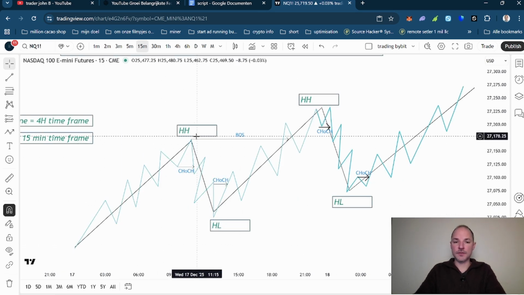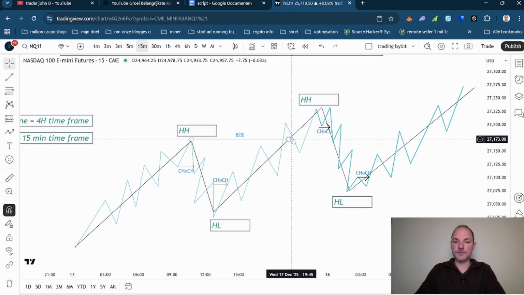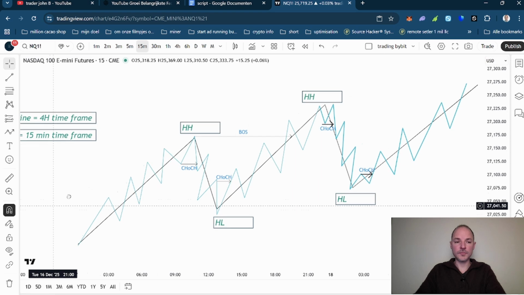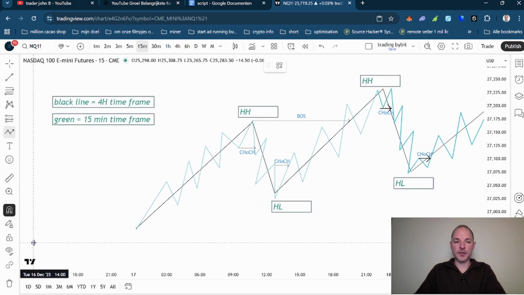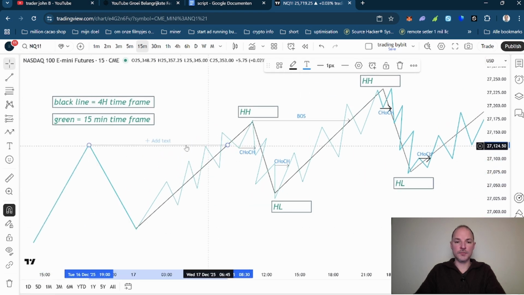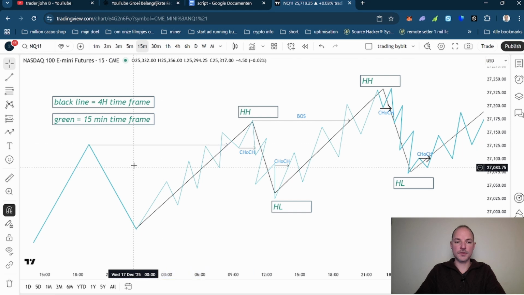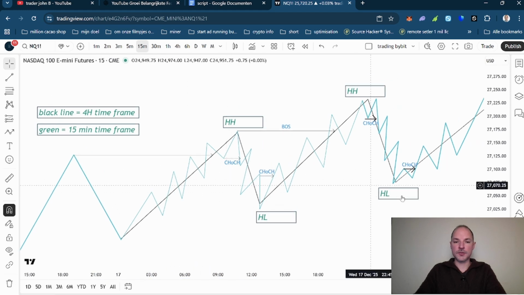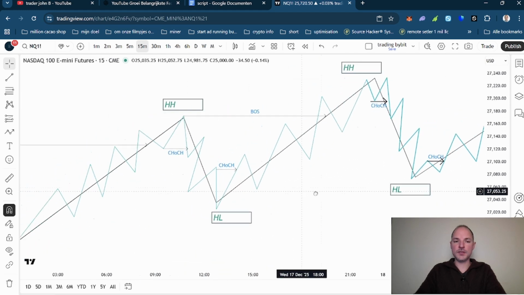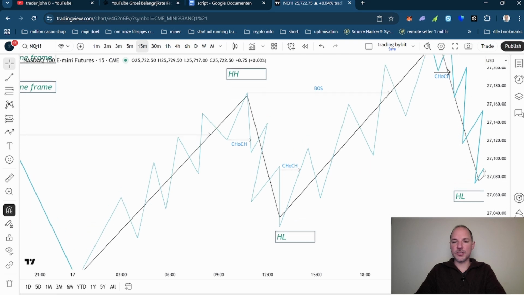Again, we have our higher time frame. We had a break of structure. Same if we came from here, we had a BOS to the upside right here. So when do we see that we have a change in character?